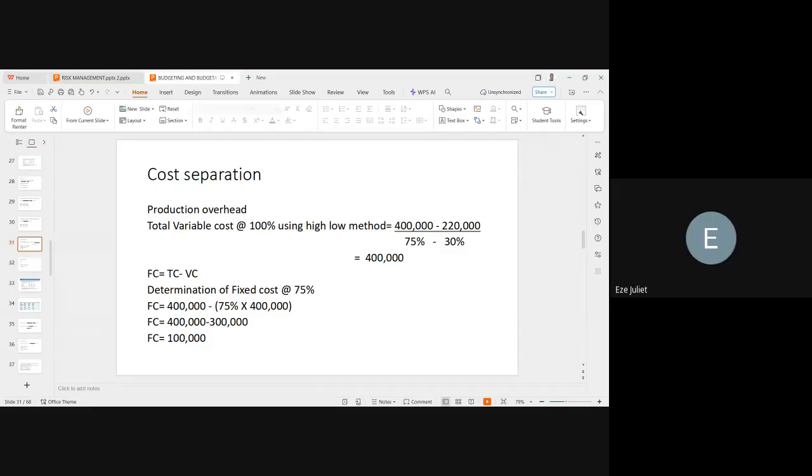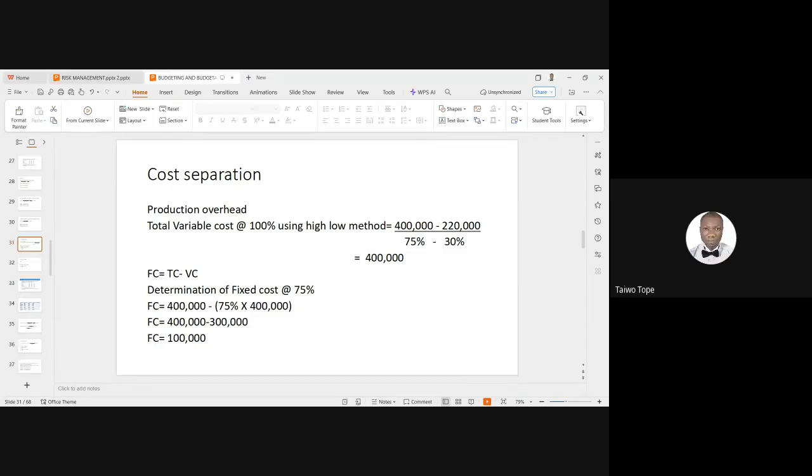400,000. So at 75% activity level, what will be the value of variable cost, if at 100% it is 400,000? It will be 75% of 400,000, which gives you 300,000.